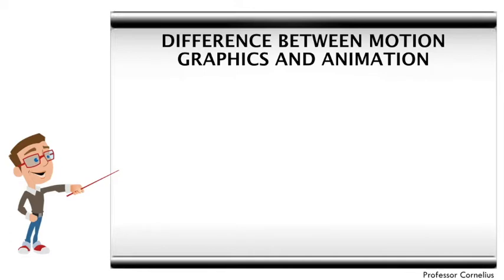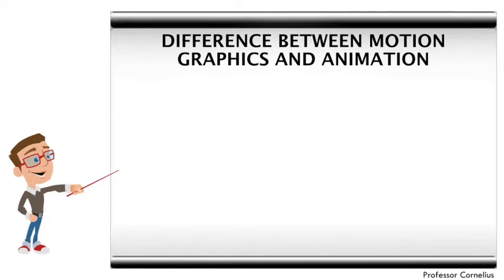Whether or not there's a story is a significant determining factor in deciding if you are dealing with motion graphics or animation. The terms are interchangeable, and the distinguishing is not always completely black and white.